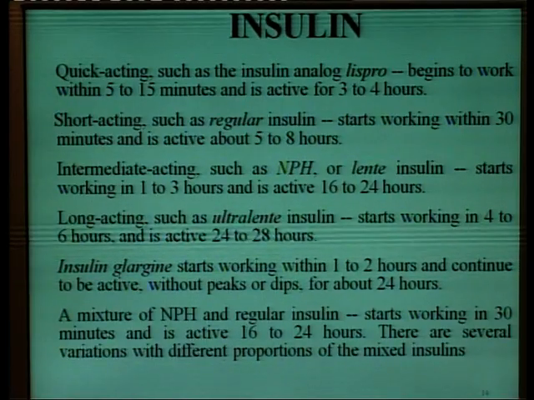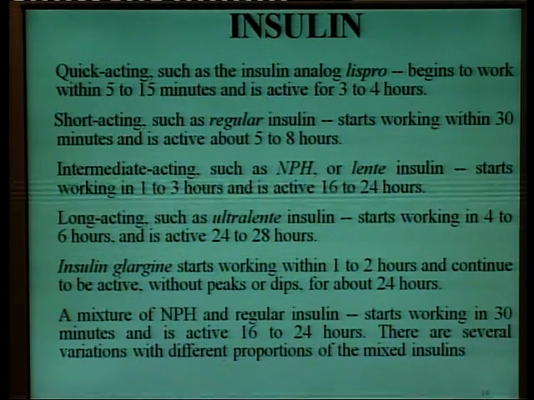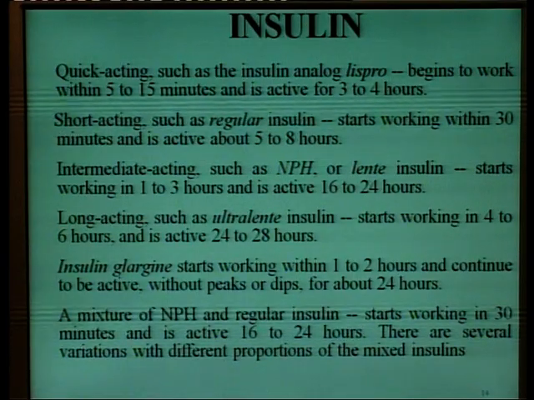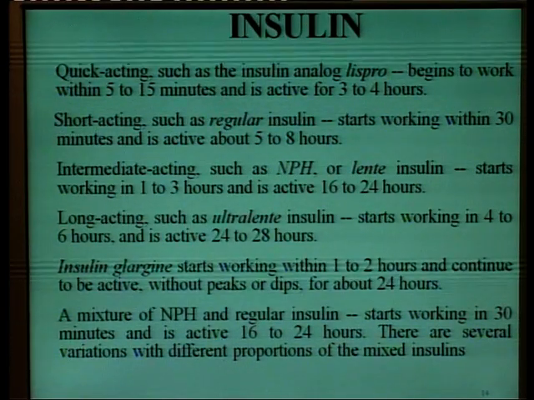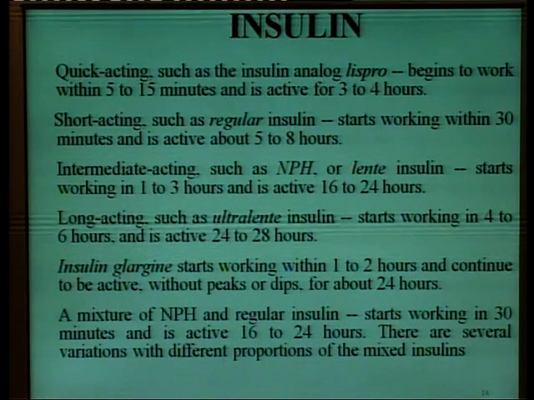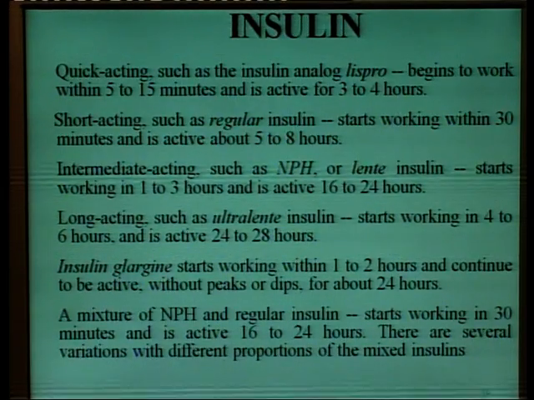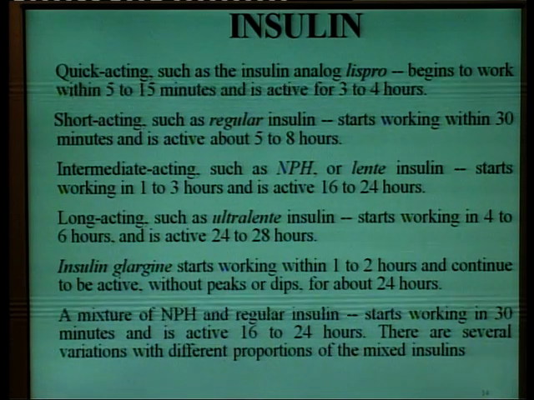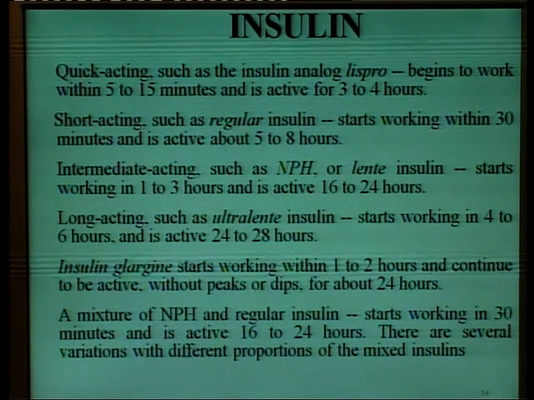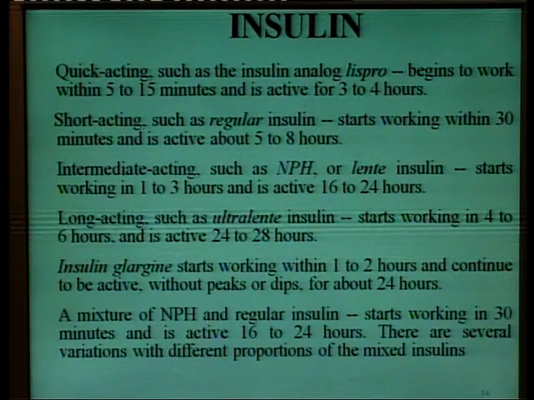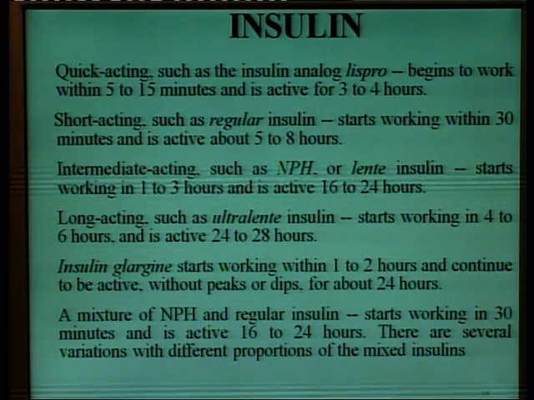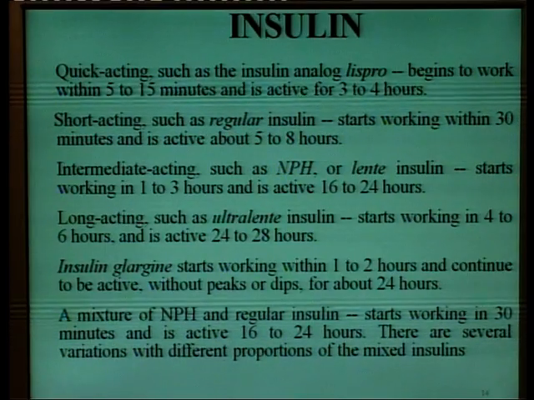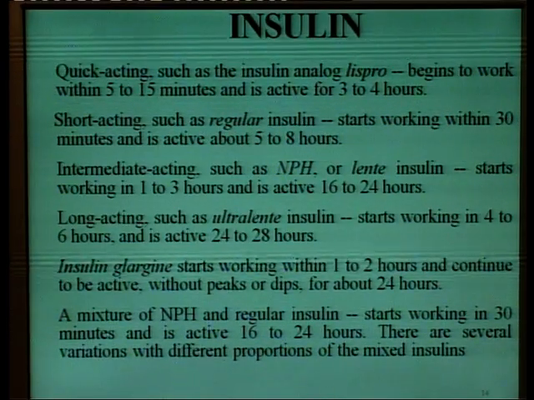First is the quick acting, such as the insulin analog, that is Lispro, just talked about, begins to work within 5 to 15 minutes and is active for 3 to 4 hours. Short acting, such as regular insulin, starts working within 30 minutes and is active about 5 to 8 hours.